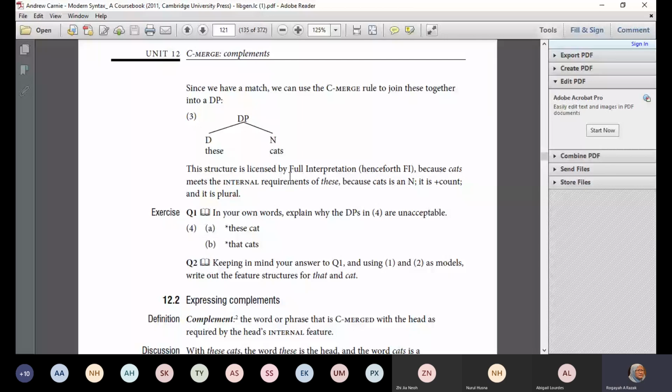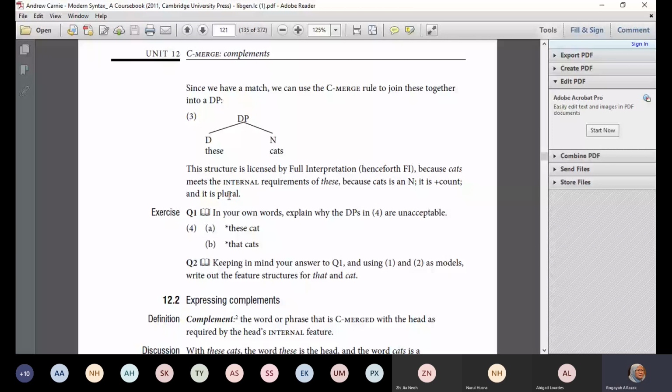It's like when you want to go driving, you must bring your license. You must have a license to drive, so something like this. So this structure is licensed by the constraint, full interpretation, FI, because cats meets the internal requirement of this. Because cat is a noun, because cat is plus count, and it has an agreement feature plural.